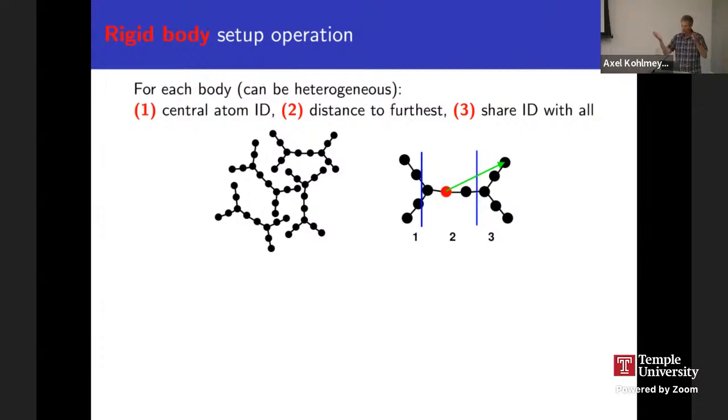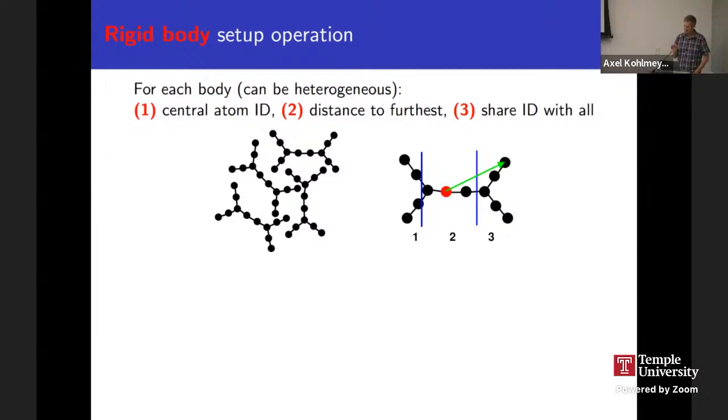They can be different sizes. And if you're an atom, like this red atom here, the only thing you know is you belong to rigid body 7. You don't know who any of the other atoms are, whether you own them or other processors do. So what needs to be figured out for the actual rigid body integration to work is we need to figure out a central atom. By central, I mean the atom in the rigid body closest to the geometric center.